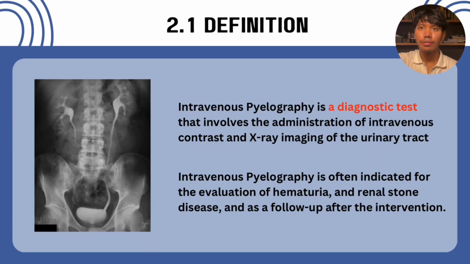Intravenous pyelography, or IVP, is a diagnostic test that involves the administration of intravenous contrast and X-ray imaging of the urinary tract. The iodinated contrast flows through the renal vasculature and is filtered into the collecting system, highlighting the anatomic structures on the X-ray image. It is often useful for the evaluation of hematuria, renal stone disease, and as a follow-up after intervention.